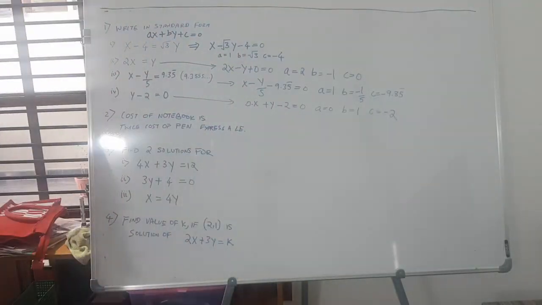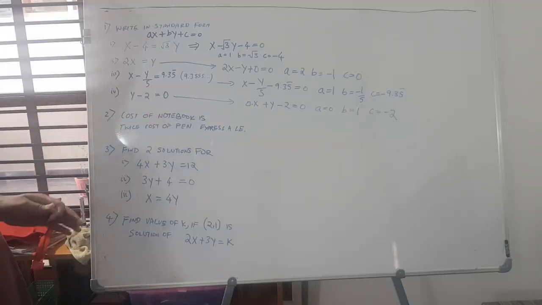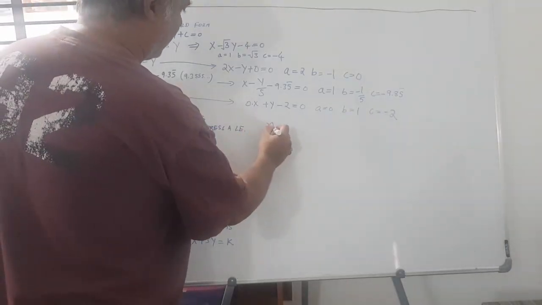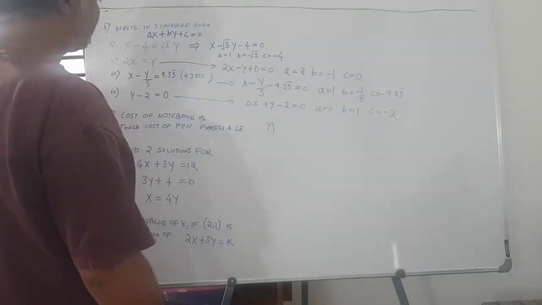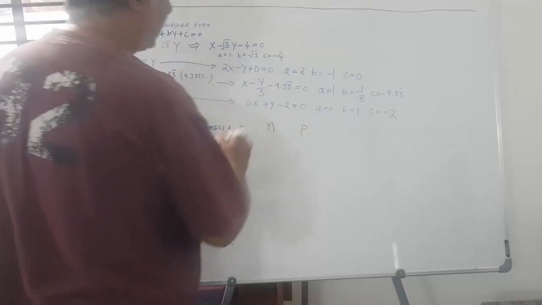The next problem is: cost of a notebook is twice the cost of a pen, express as a linear equation. Let the cost of the notebook be called n, and let the cost of the pen be denoted by p.